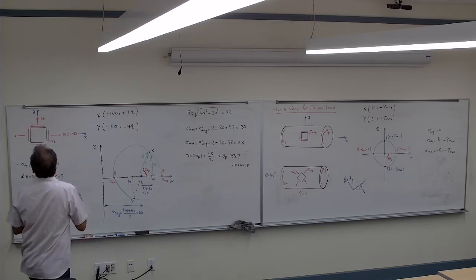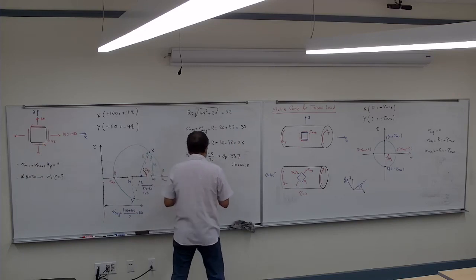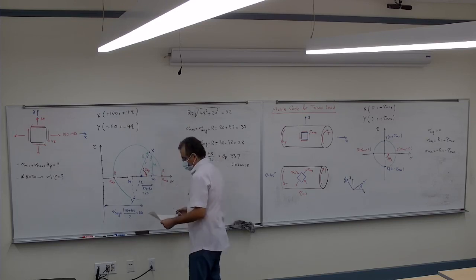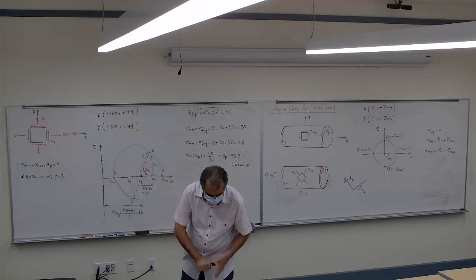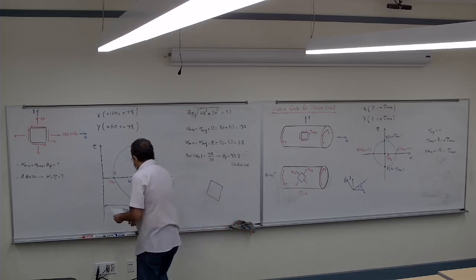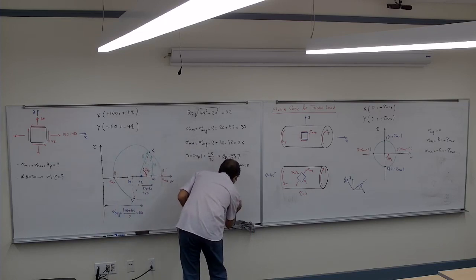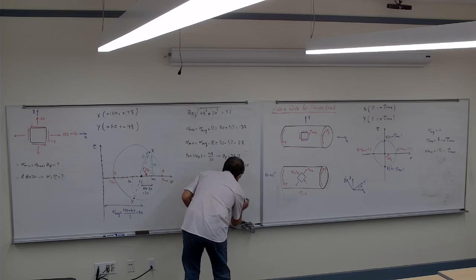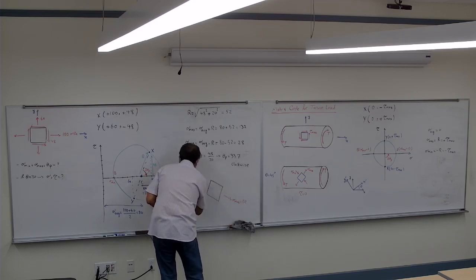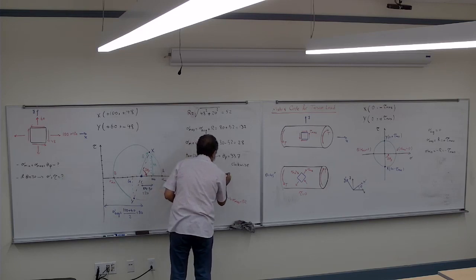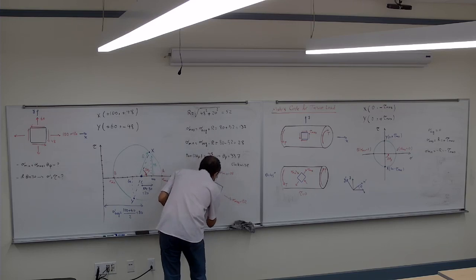So if I want to draw it, it's going to look like this. So it's going to be sigma max, 132. That's sigma max. That's going to be sigma min, 28.